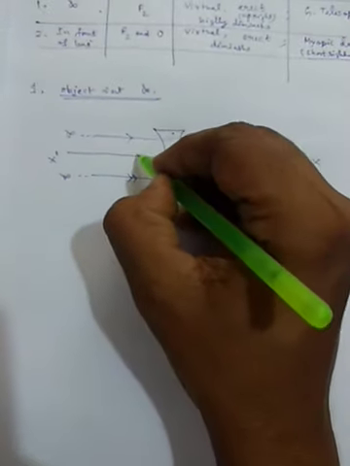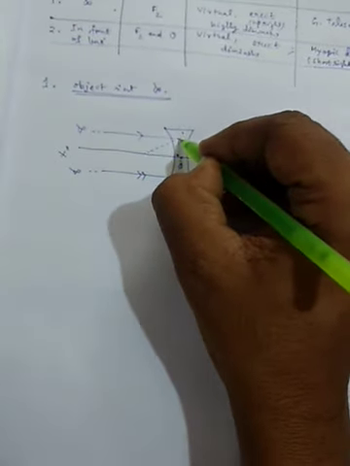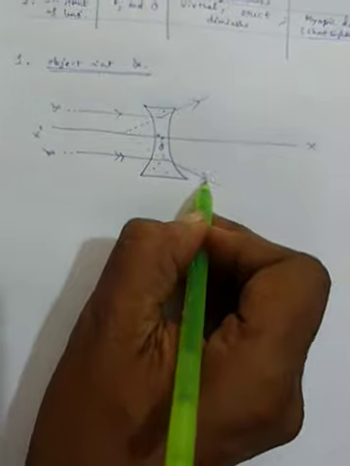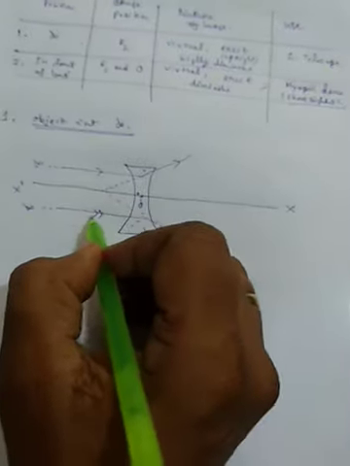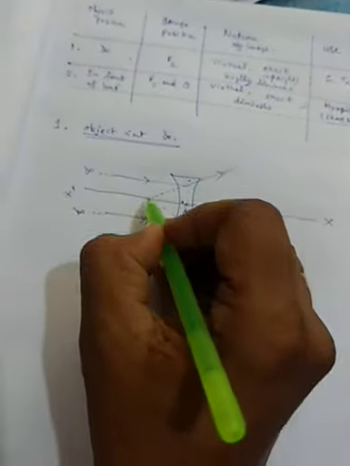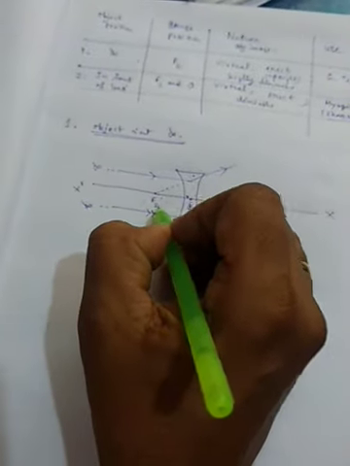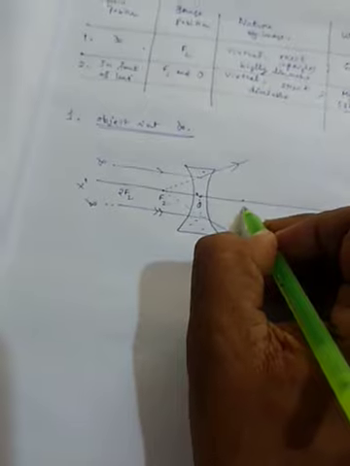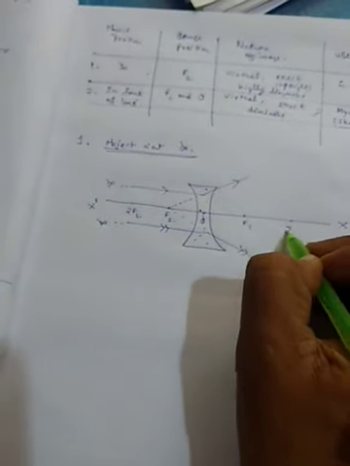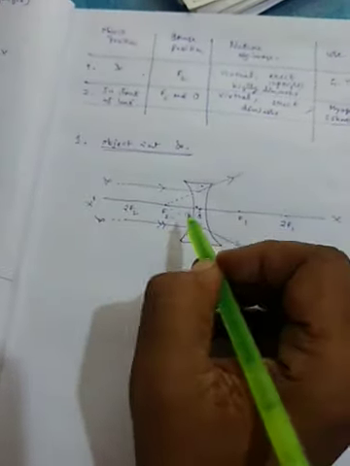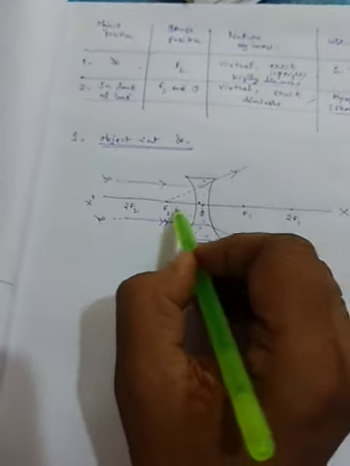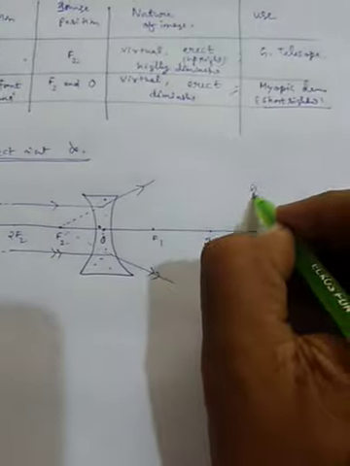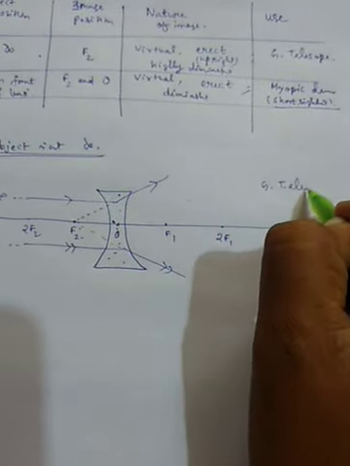As the lens is diverging, the refracted rays appear to come from the second focus. This is F2, this is 2F2, on this side it is F1 and this is 2F1. Object at infinity, image formed at the second focus, and its use is the Galilean telescope.